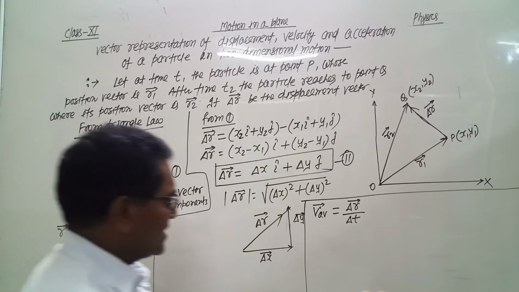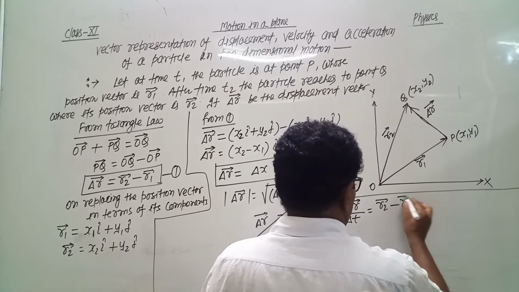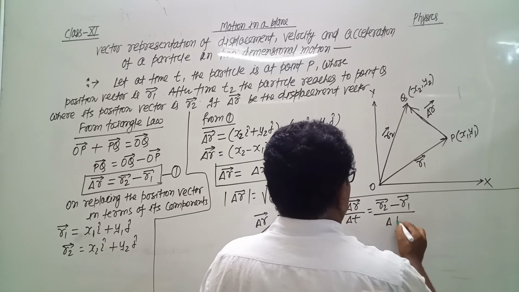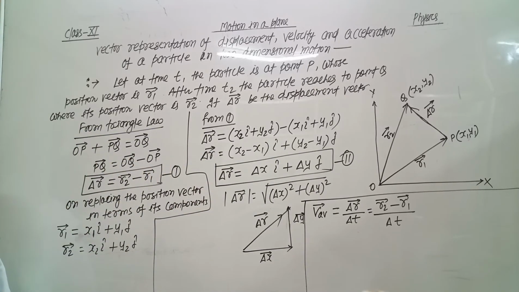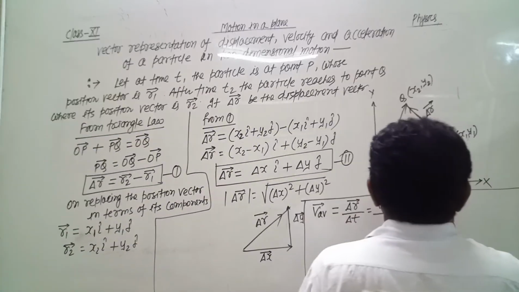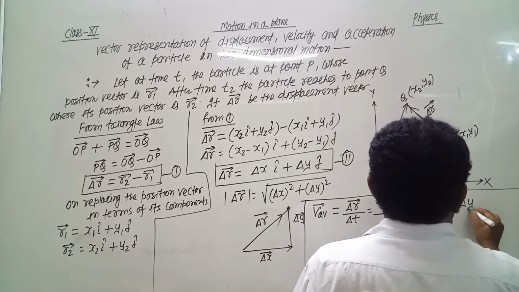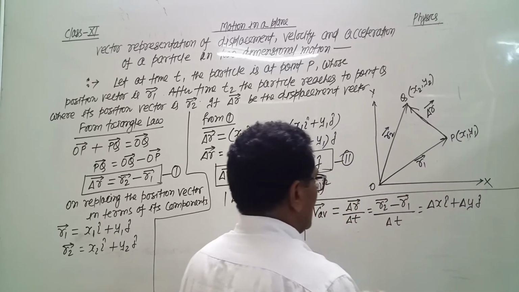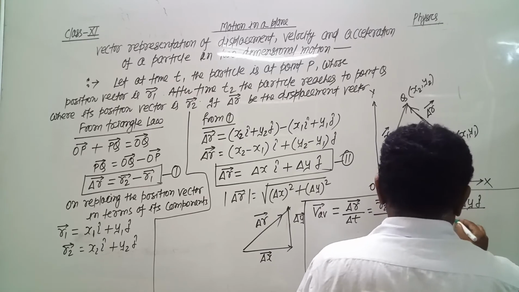So delta r vector can be written as r2 vector minus r1 vector upon delta t. Already we have found the value of delta r, which is delta x i cap plus delta y j cap, upon delta t.